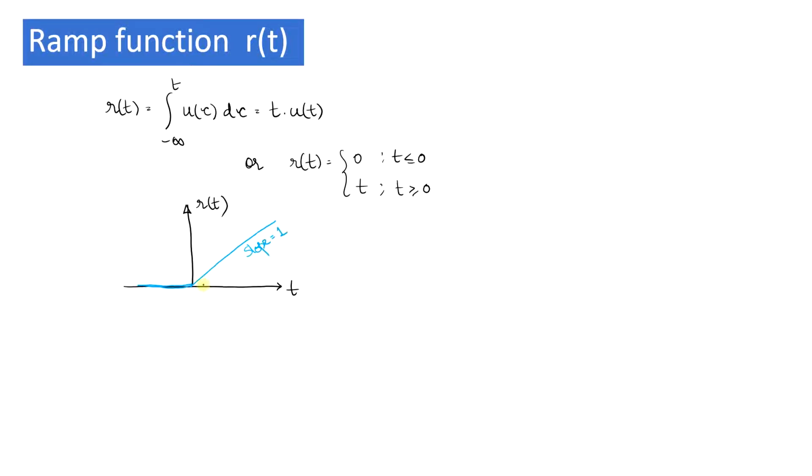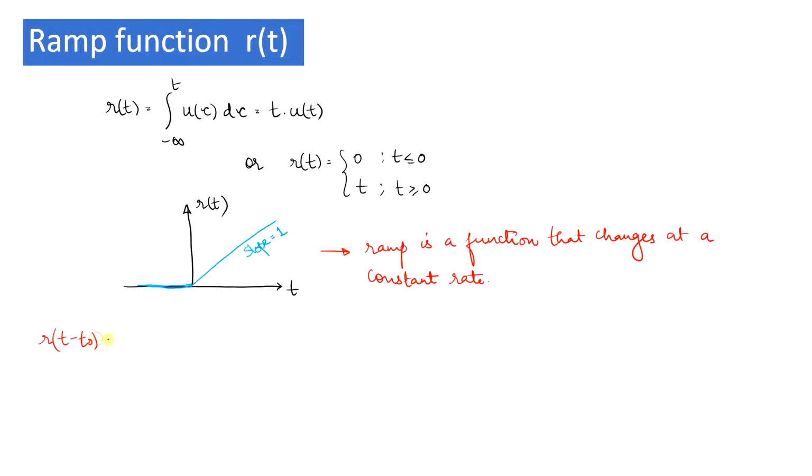What you observe is that the ramp is basically a function that changes at a constant rate. So I can consider this ramp function also to be delayed or advanced in time. If I have to represent r of t minus t naught, I can represent this as 0 for t less than or equal to t naught and equal to t minus t naught for t greater than or equal to t naught.